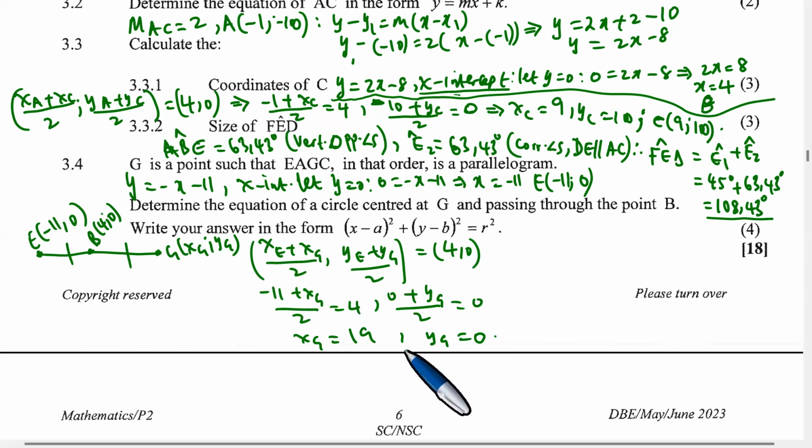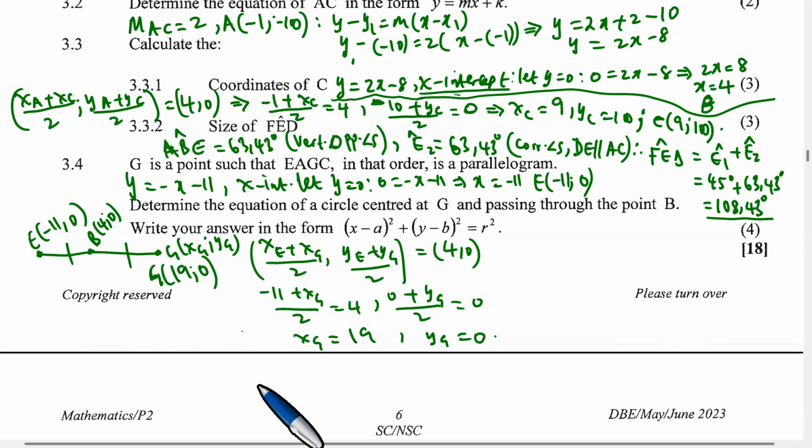Okay, this is capable of giving us the coordinates of the point G. So the coordinates of the point G will therefore become X first, 19, and Y 0.